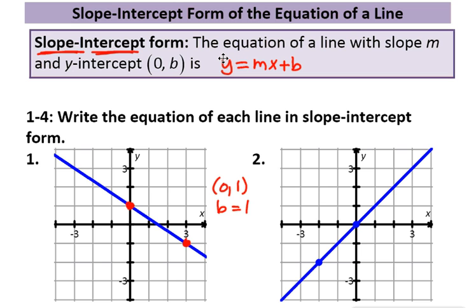So you're going to look at those 2 points, and figure out what the slope is. Going from one point to the next, I'm going to go down 2, and then to the right 3. So my slope is -2 for down 2, and then over +3 for right 3. So my slope is -2/3. So the equation of problem 1 is y equals -2/3 x plus 1.